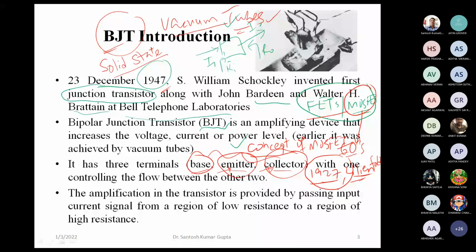So even though these devices resemble the vacuum tubes in working, they have taken over nowadays, and we don't see vacuum tubes now, but we see everywhere these solid state devices involving the MOSFETs, FETs, BJTs together.